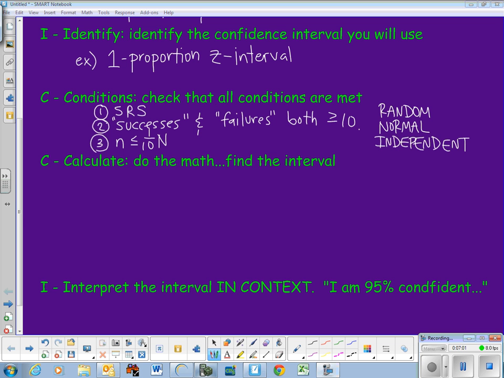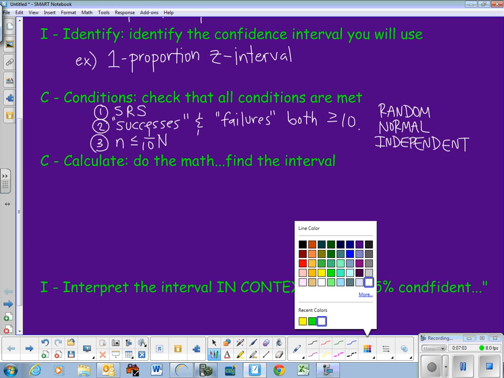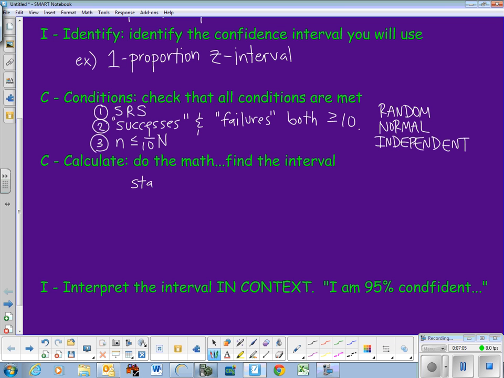So in most basic terms, we have the statistic, which would be 0.47, 47% of teenagers say they vaped, or 0.2 because 20% of the poker chips we looked at were blue, plus or minus margin of error.